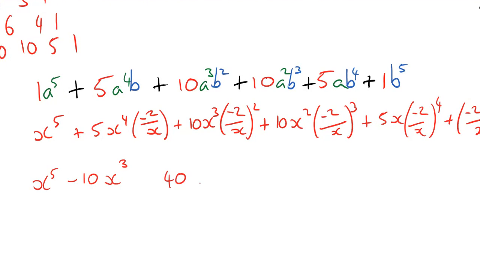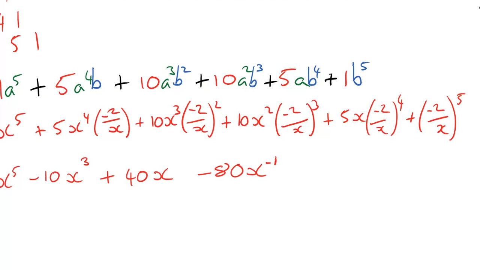We'll have an x^2 on the denominator of that fraction, and that's going to cancel with 2 of the x's from the x^3, leaving us with just an x, and it will be a positive term because (minus 2)^2 is going to be positive. So carrying on in this similar vein, we're going to end up with the next term being minus 80x^-1, plus 80x^-3, minus 32x^-5.